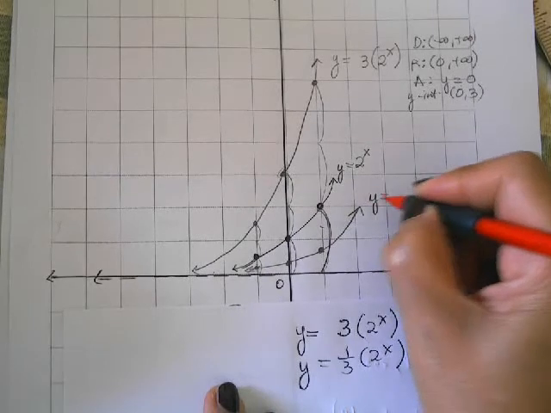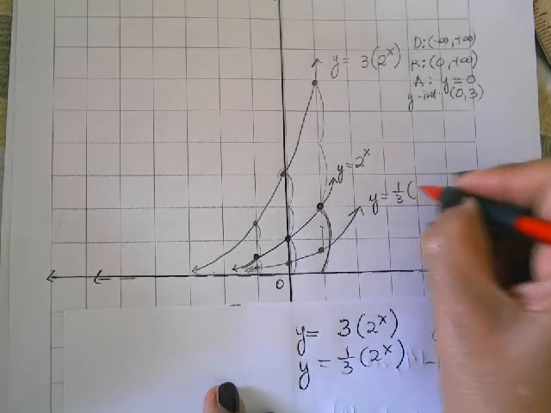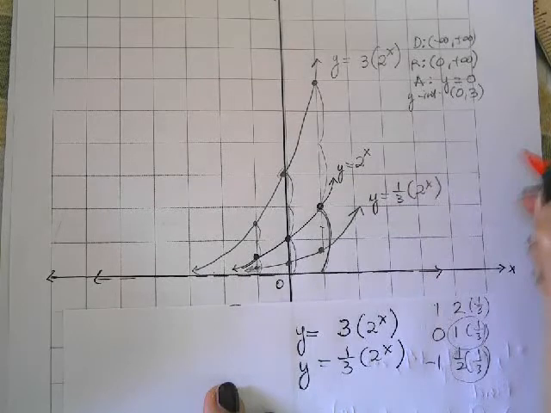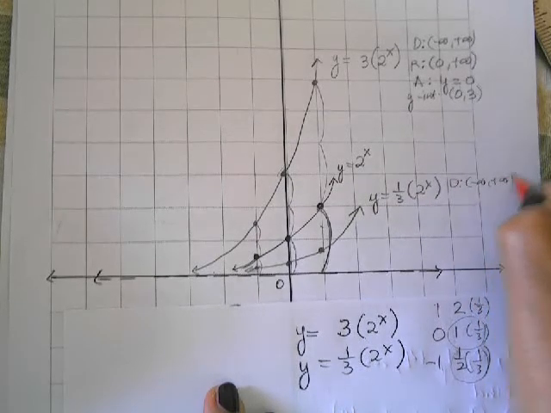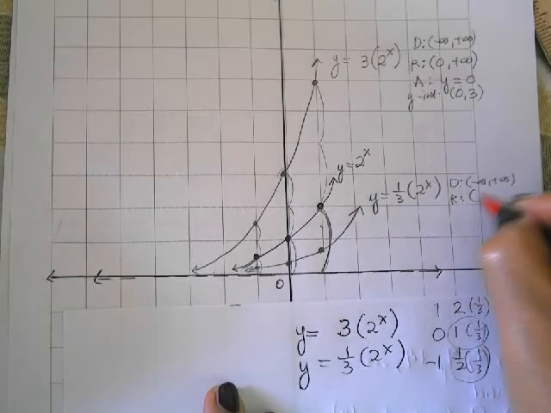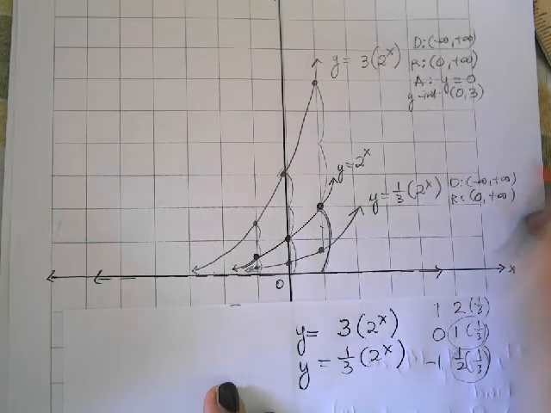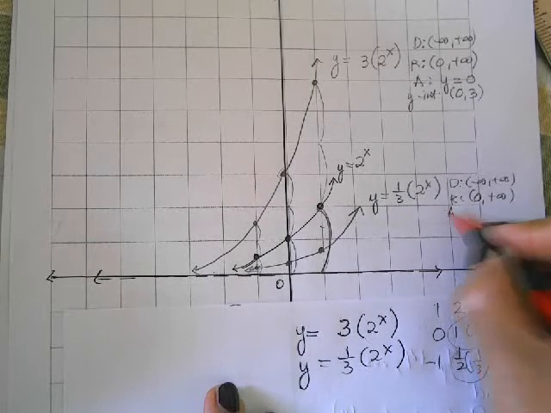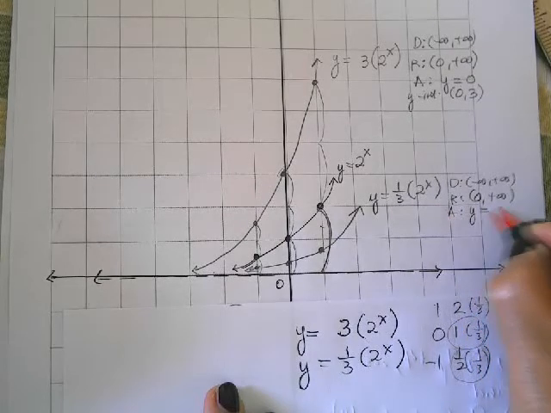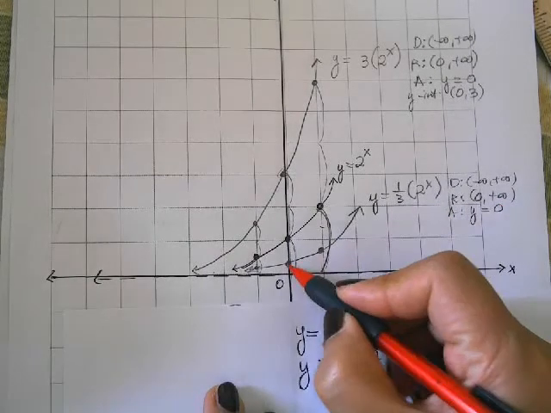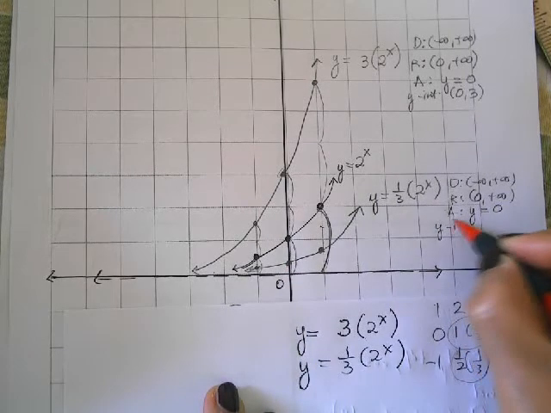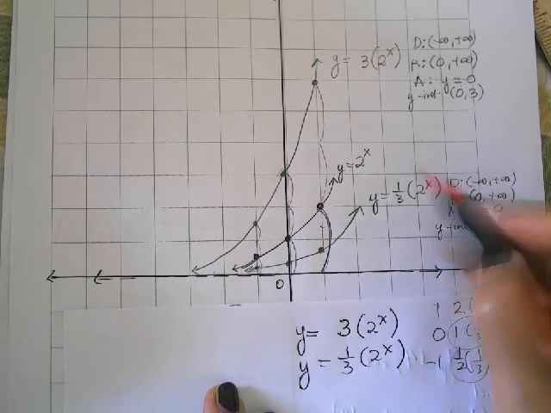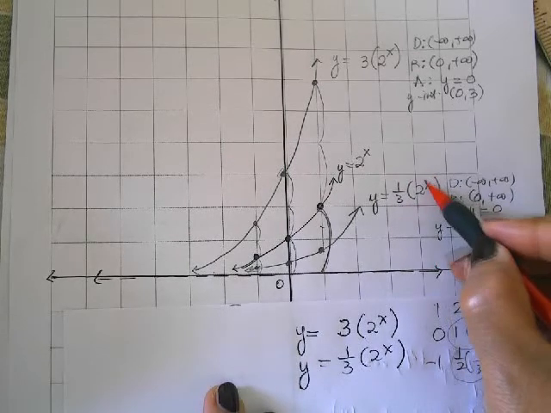So this is y equals 1/3 times 2 to the x. Domain is still the same, all real numbers. Range same as the parent graph. Asymptote is the same, y equals 0, and the y-intercept is now (0, 1/3).